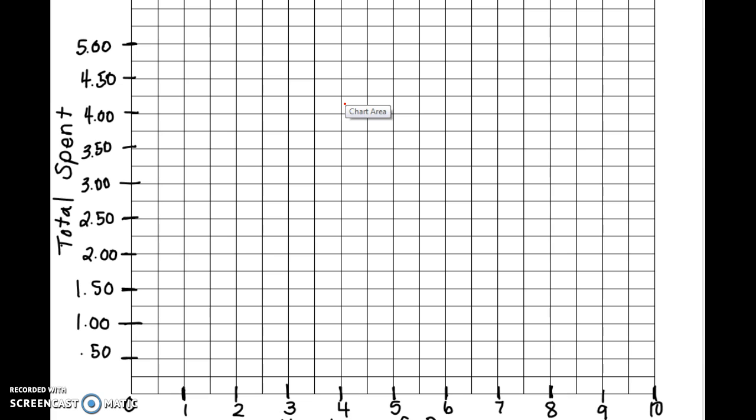So who can read to me the coordinates for Matthew? Michael? You can use the ones on the board if you want to. The first one: 0 and 0. All right. Then what do we have? 1 and 50 cents. And then 2 and $1. And 3 and $1.50.